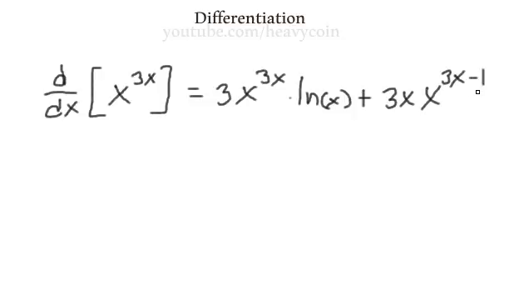Up here, subtract 1 from the exponent. Okay, and then of course we can simplify this thing down. I'm going to rewrite everything here. 3x to the 3x, 3 times x to the 3x.